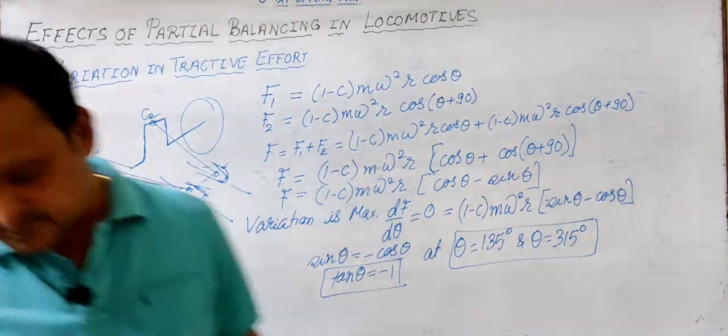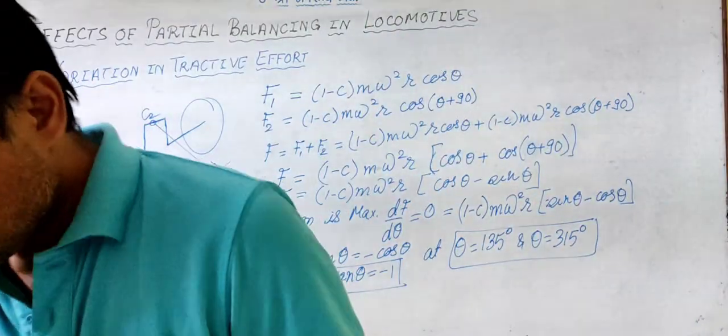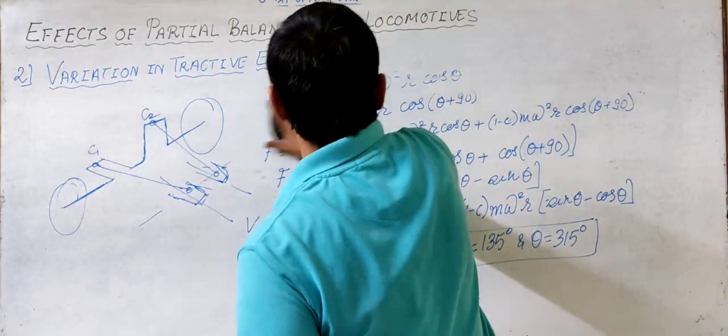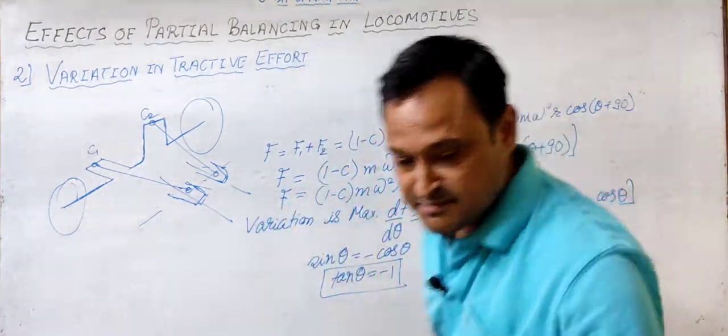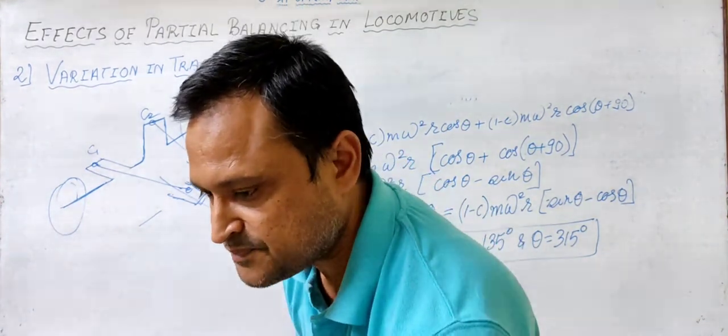So for F max, now that we have determined this value, we can find out what can be this maximum variation.